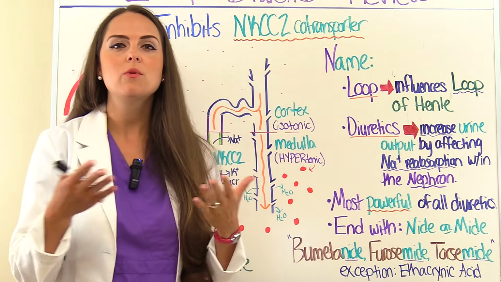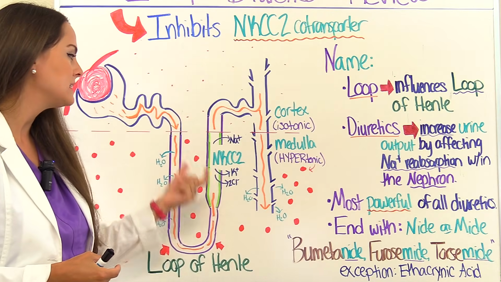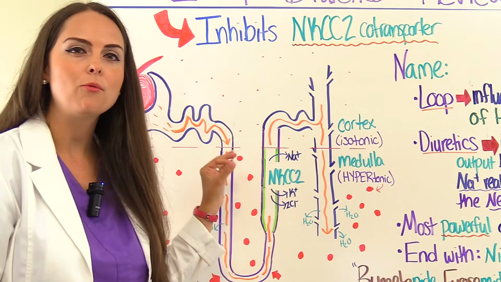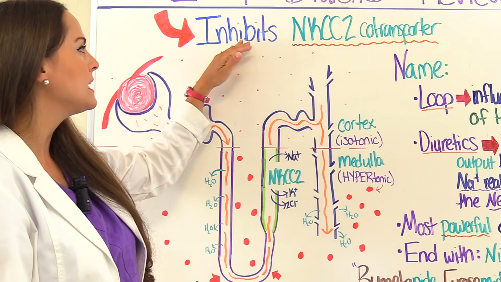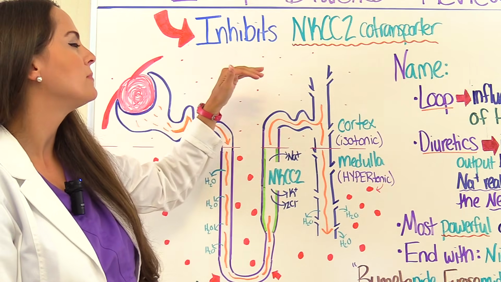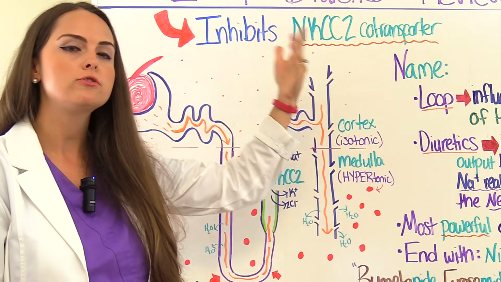So what loop diuretics do again is they affect this thick ascending limb of the loop of Henle. Particularly, it's going to inhibit a special protein cotransporter from doing its job. This cotransporter is the sodium-potassium-chloride transporter.